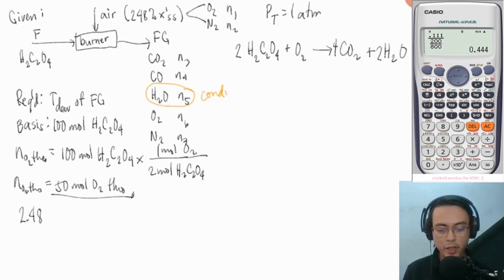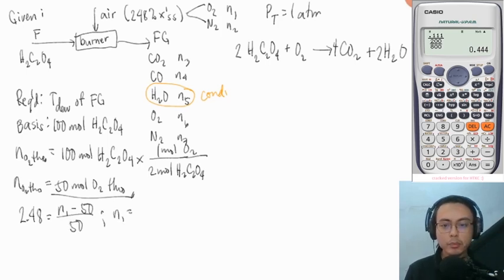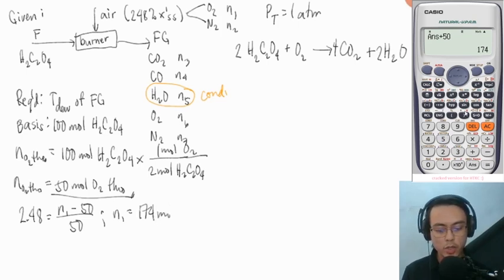That is fed minus theoretical over theoretical. We now know N1. This is the reason why you don't forget your previous learnings, because we just keep on using and using them with new learnings. Okay? Plus 50. So 174 moles oxygen. That's our N1. We multiply this by 79 over 21. We get N2 and N7.